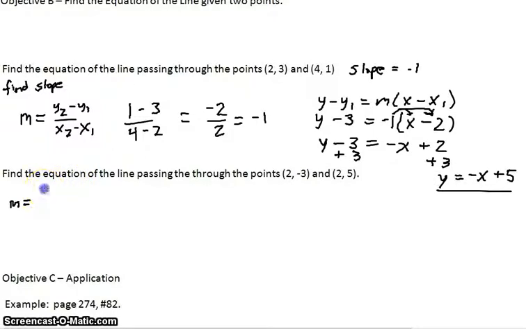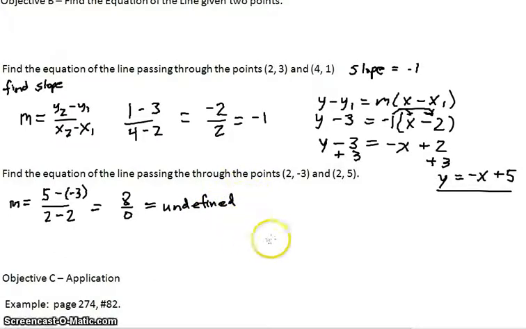So I'm going to take my second y coordinate minus my first one over my second x minus my first one, which is going to be 8 over 0. It's not going to be 0 because you can't divide by 0, so this is actually going to be undefined. Okay, so the slope is undefined.